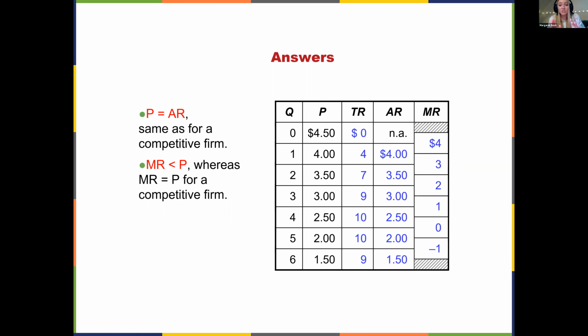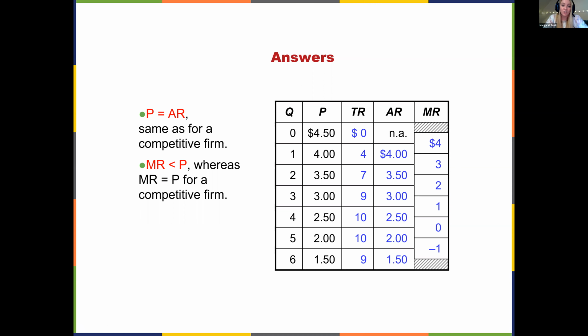Now, the relationship is a little bit different when we compare the price to the marginal revenue. Remember, for a perfectly competitive firm, the price was exactly equal to the marginal revenue as well as the average revenue. But in this case, if we go through and calculate the marginal revenue, we see that a different pattern emerges. So let's go through and calculate this marginal revenue. How do we do that?